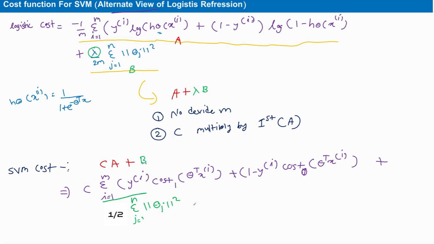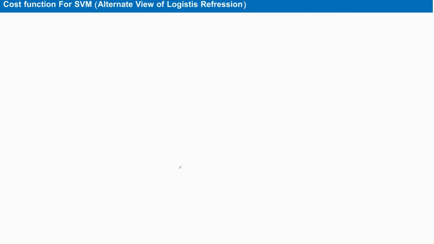Now let's understand how this actually gets evaluated. So here I will write the SVM cost function again, so just recall the things.